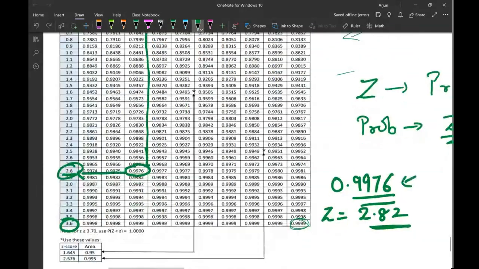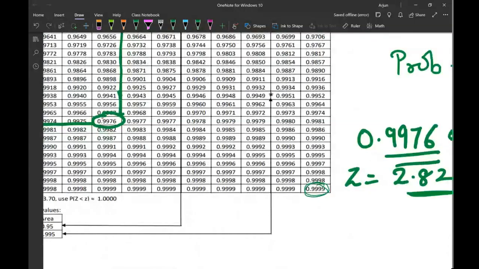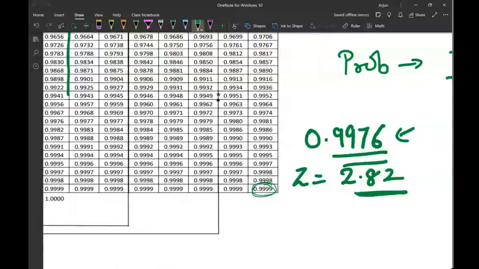Now let's say you are given a probability, I'm going to take a number, 0.9913. So I want to find the z-score corresponding to this.